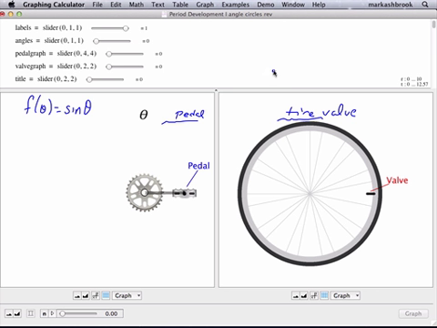What's it called? H of theta is... So, what does this output? So if this relates to the tire valve, then what is that giving us?